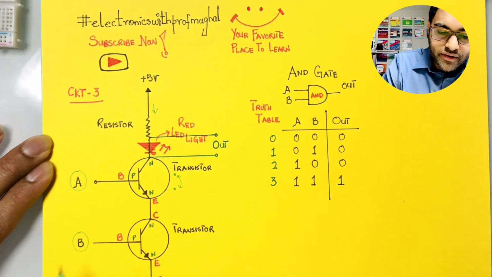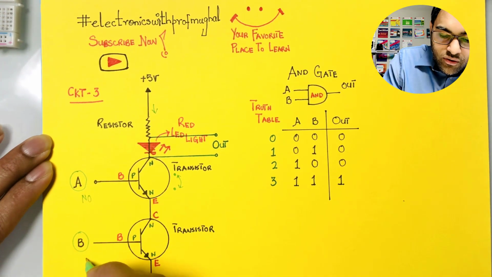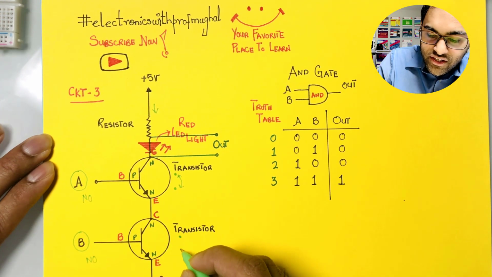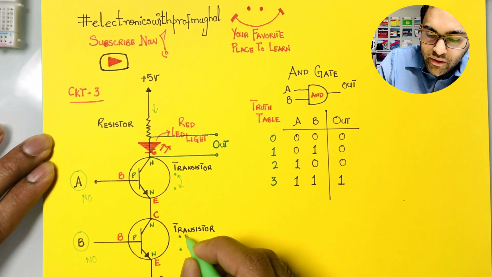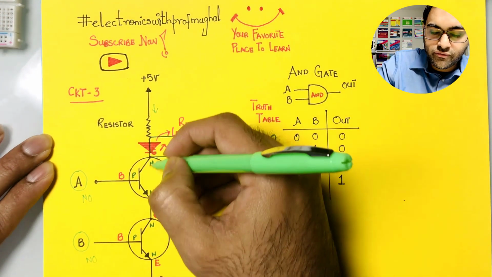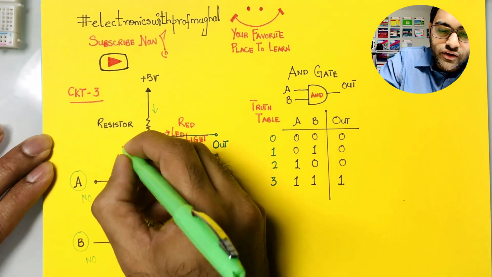If A is 0, normally open, and B is normally open, initially there's no connection between the collector and the emitter terminal. So current is not going to flow this way all the way to the ground, therefore the LED is going to be off.